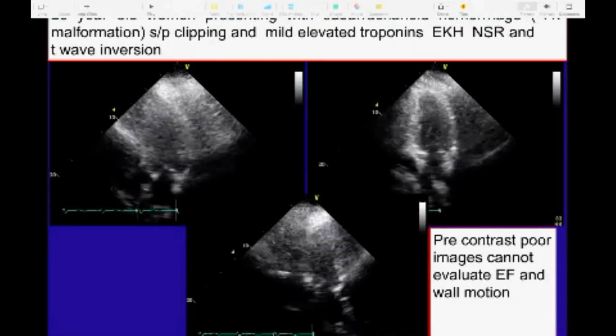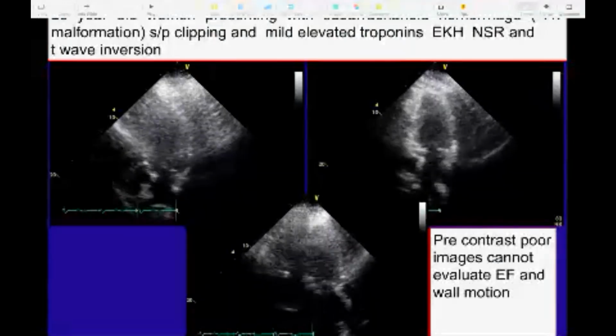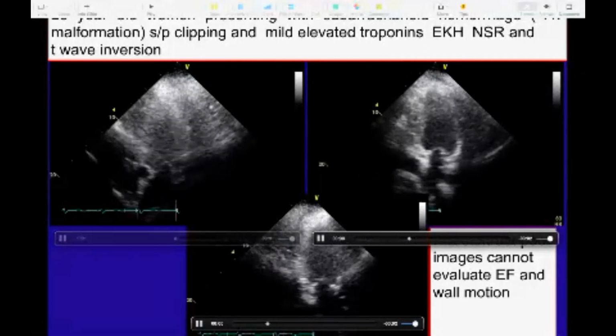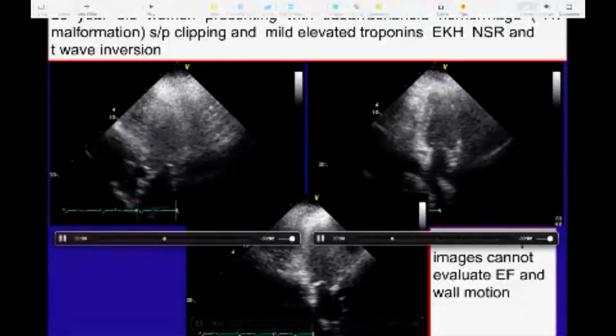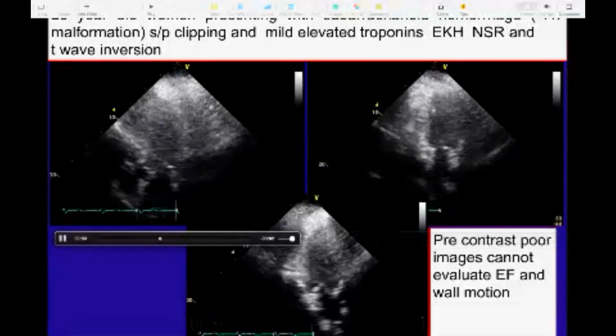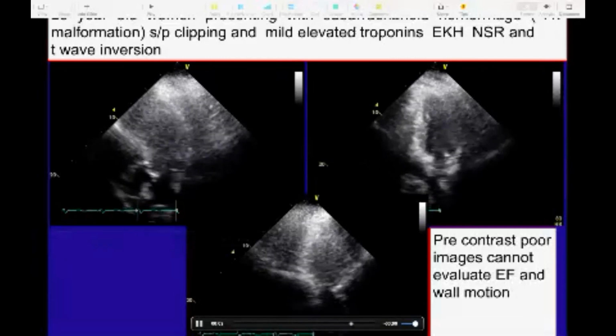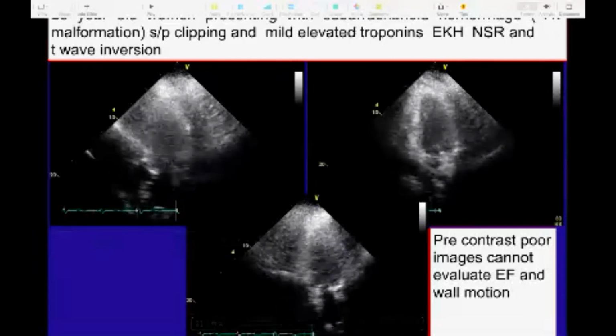Here's a 25-year-old woman presenting with subarachnoid hemorrhage, status post-clipping, mildly elevated troponins. And again, very challenging non-contrast images, not able to see the ventricle well at all at this point. So this was deemed not interpretable properly for wall motion.